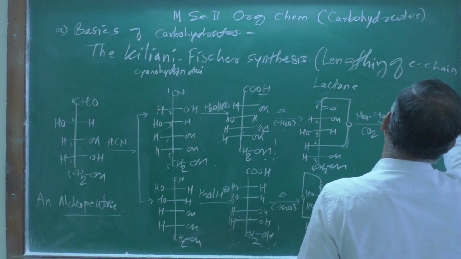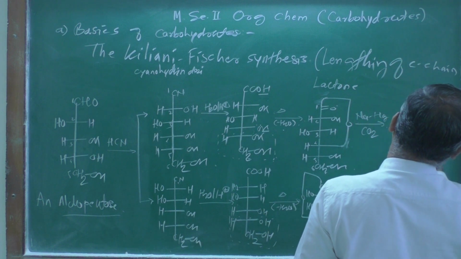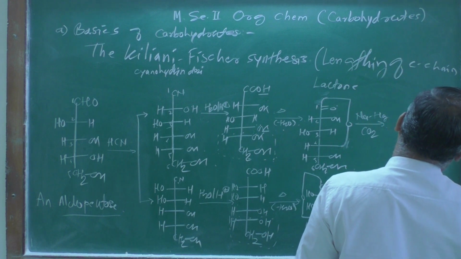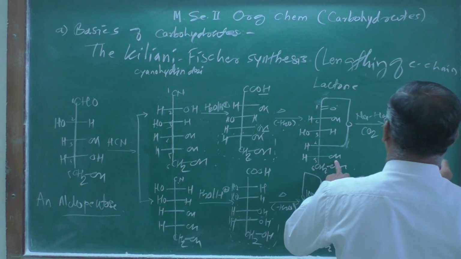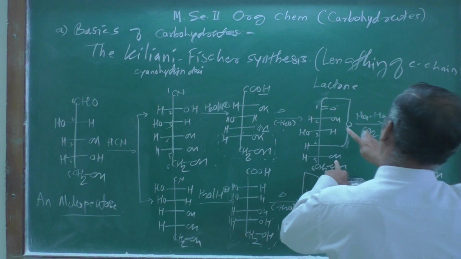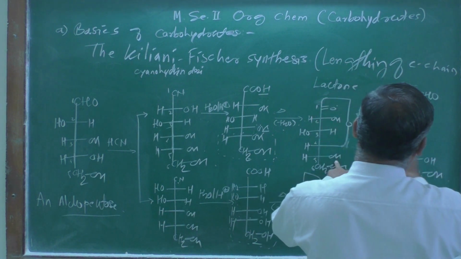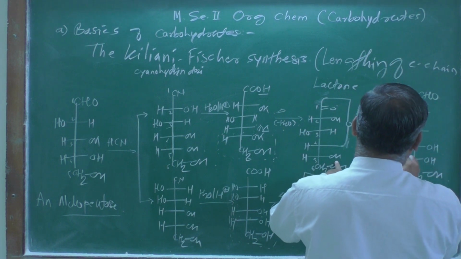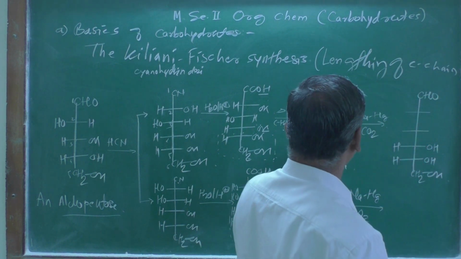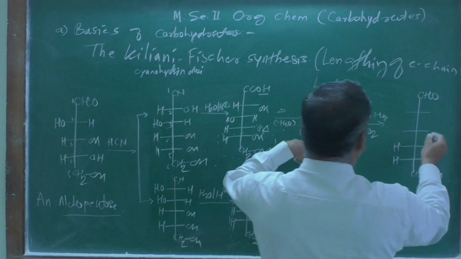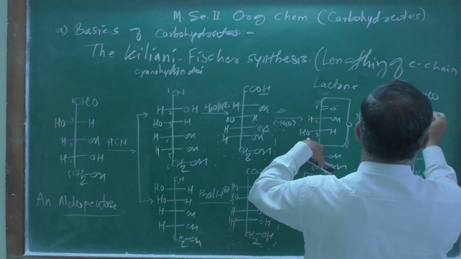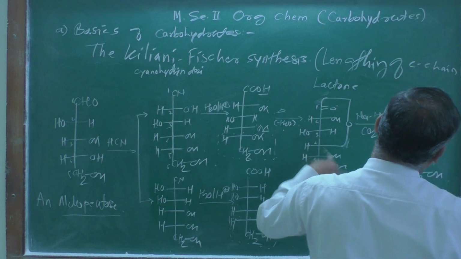This one is the CHO, 1 2 3 4, and here you write CH2OH, and look at here OH here, and after opening that lactone, the OH should remain on the right hand side. That is the trick you should remember. And now these two groups, they are as it is, H OH, and here OH, and here is an H.